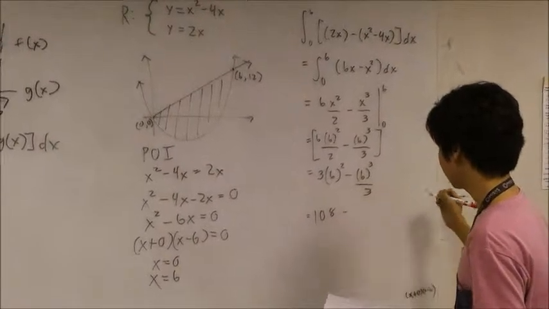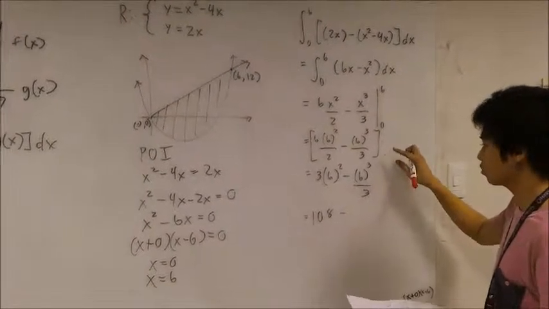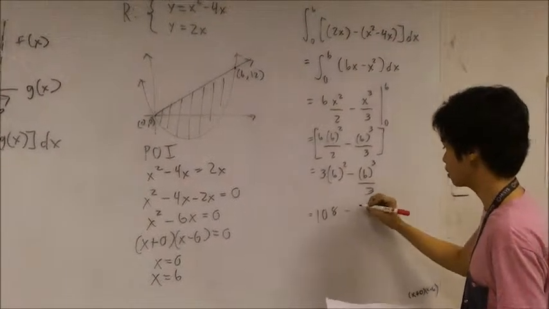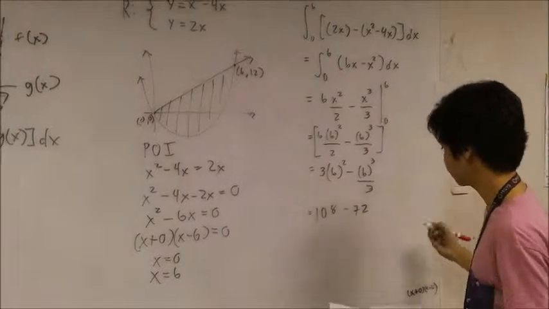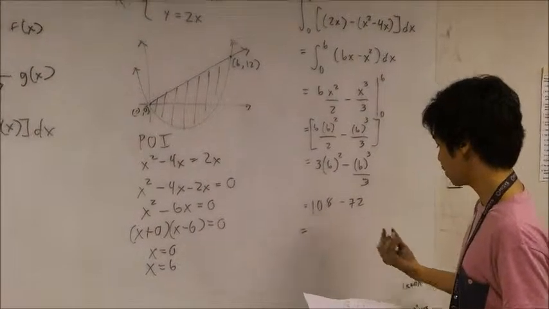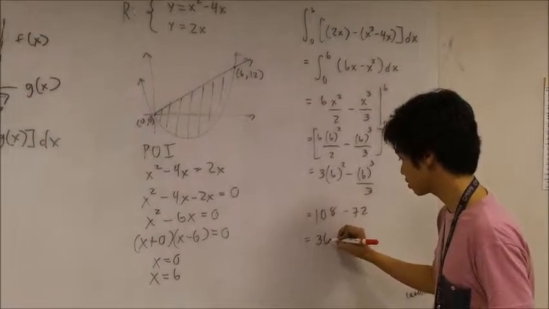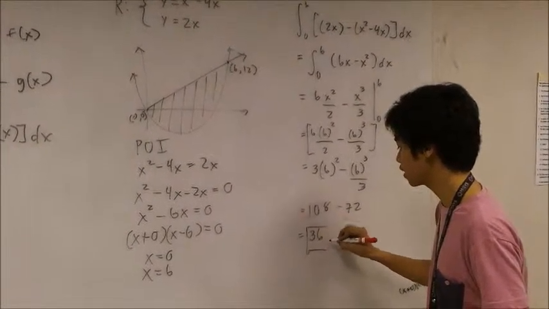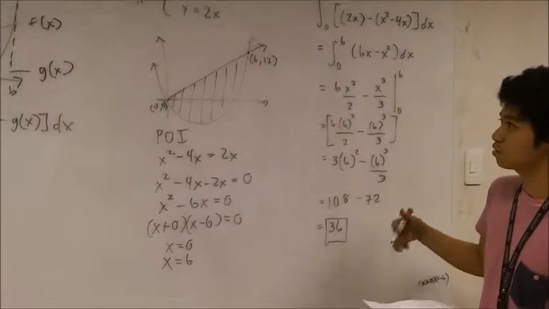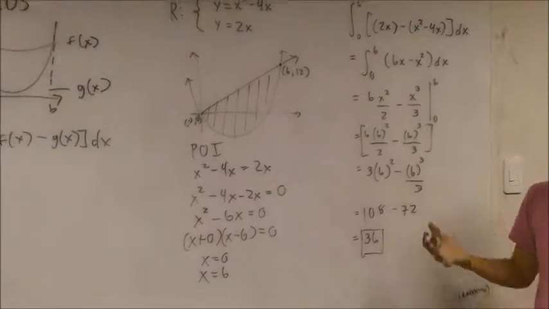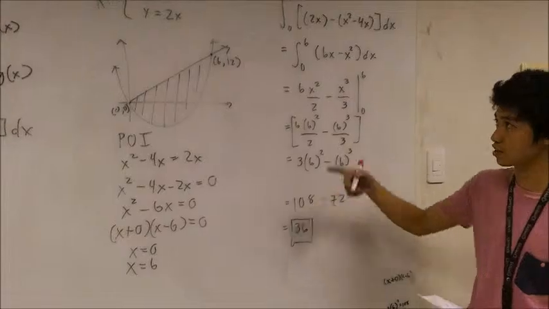And when we perform 6 cubed over 3, it's actually 72. So if you simplify this again, this will actually amount to 36. And that is your final answer. So we can use the formula to look for the area that is bounded by two curves. And 36 is the answer in this case.